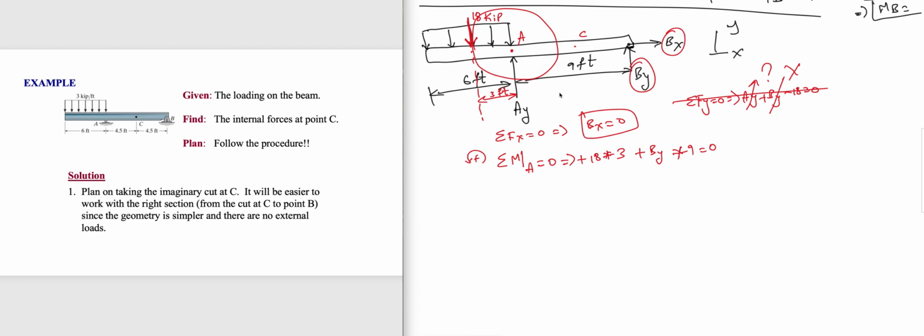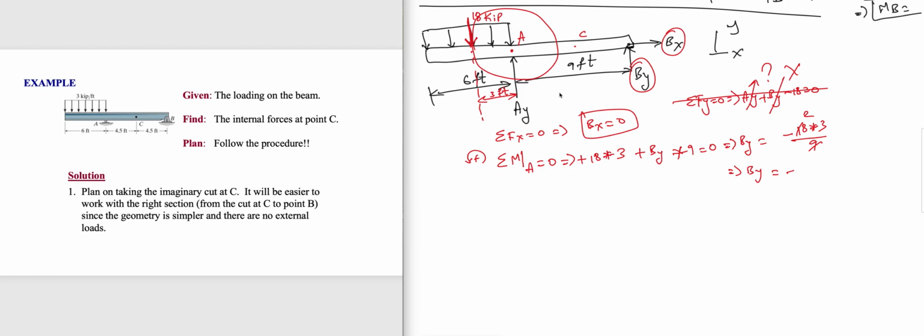That implies By is negative 18 times 3 over 9. So By seems to be, 2 times 3 is 6, negative 6 kilopound.